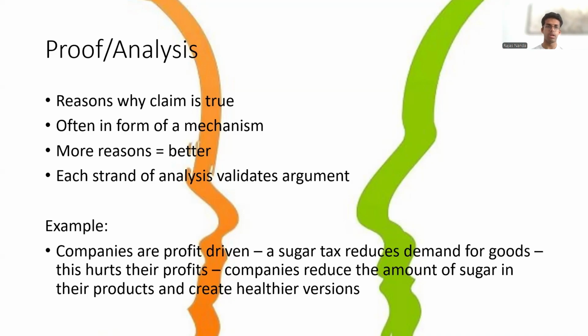Secondly is the proof or analysis. So the claim's quite straightforward, but the proof and analysis is where you should be spending most of your time. And this is explaining why claims are true. So keep in mind that this is the most important bit.